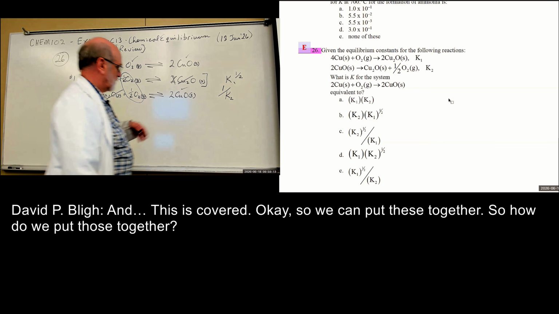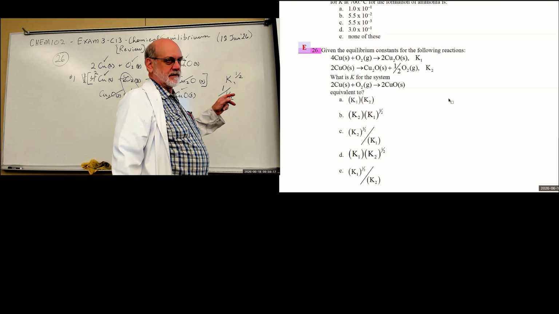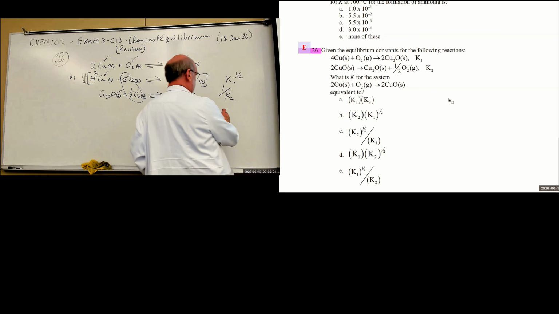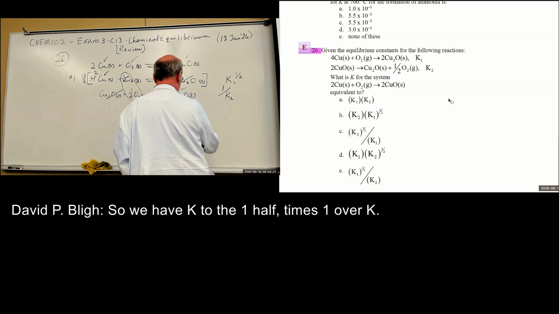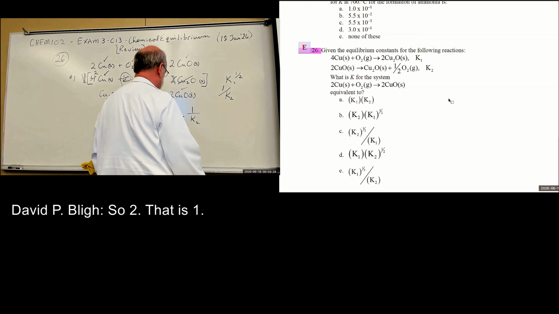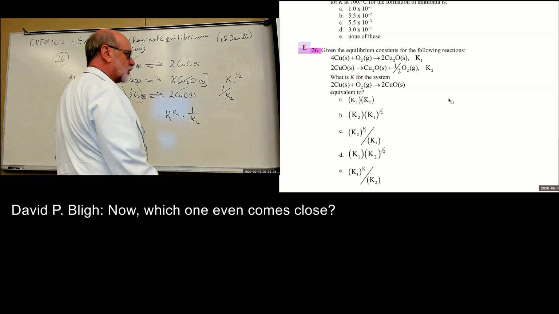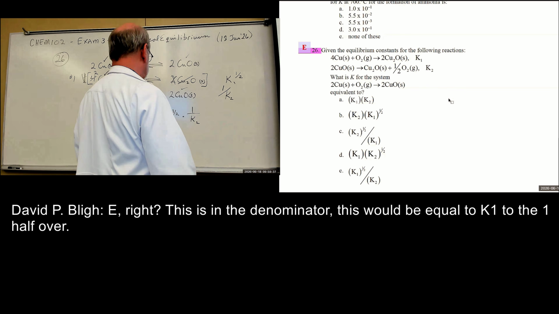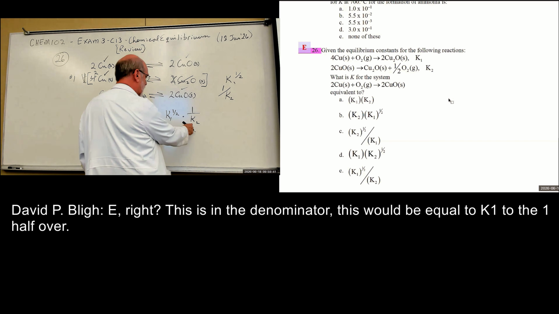Okay. So we can put these together. So how do we put those together? Multiply. We multiply these values. So we have K to the 1/2 times 1 over K sub 2. Now, which one even comes close? E, right? This is in the denominator.